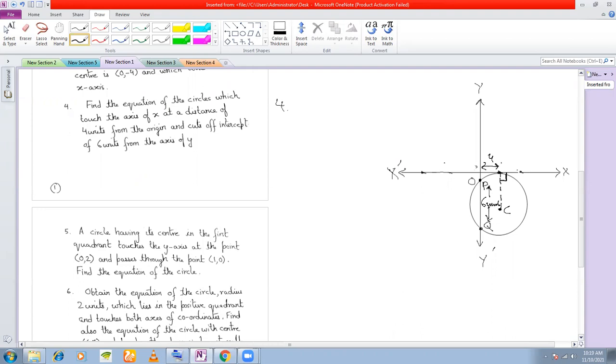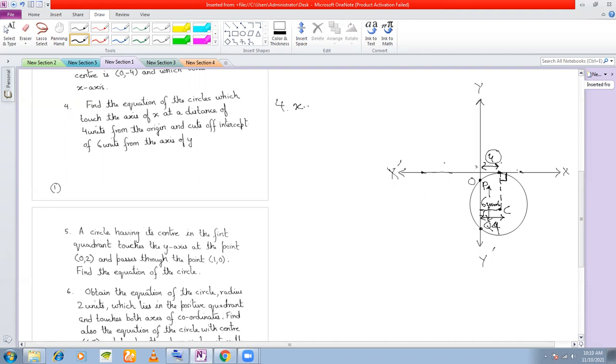If you see, if I drop a perpendicular here, this distance is 4 units. That means this distance here will also be 4 units, right? So that means what is the x coordinate of the center? The x coordinate of the center has to be 4 units, right?